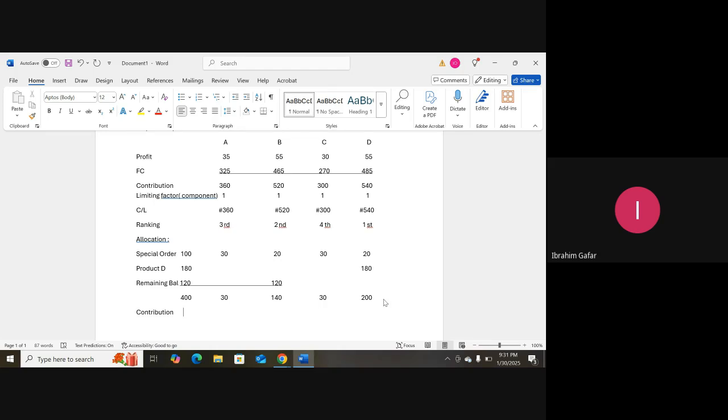So what's our unit contribution? 360 for A, 520, 300, 360, 520, 300.